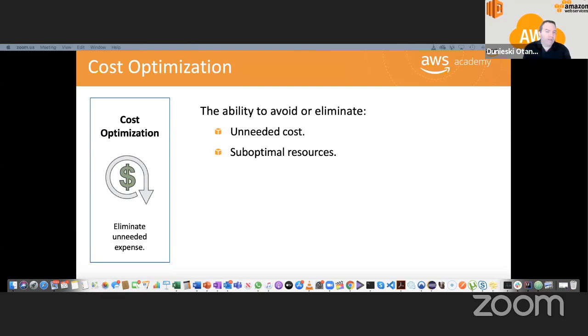So I'm going to give you a service, which is auto scaling. This is one of the services that you can use. That service is going to help you eliminate unneeded costs. If your demand is high, I scale out. If your demand is low, I scale in. Simple as that. And also you can eliminate suboptimal resources that are not optimized.